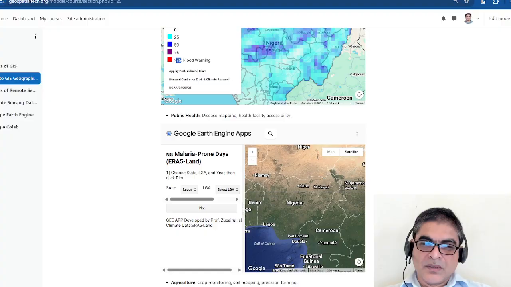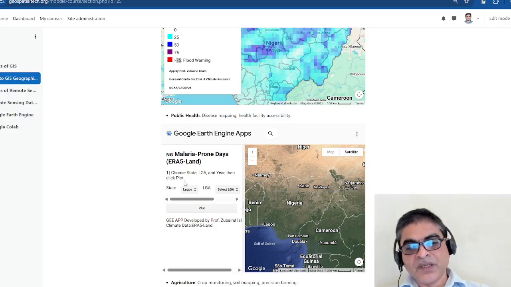And then in the field of public health, we can do disease mapping, and we can look at health facility accessibility also. This is also an application developed by me.